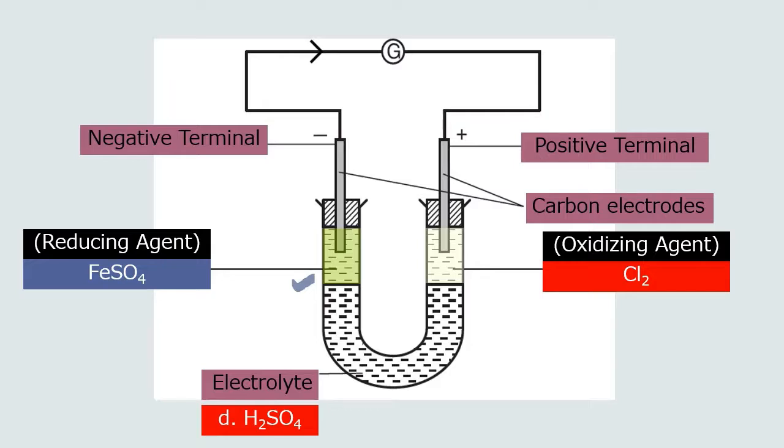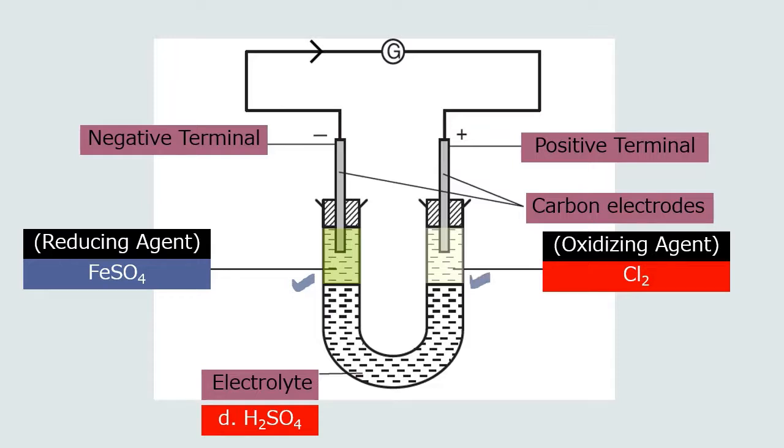We have learned in displacement of halogens that chlorine, which is situated at the top of the halogen series, is a stronger oxidizing agent and has a higher ability to receive electrons. The color of chlorine water is pale yellow or almost colorless.